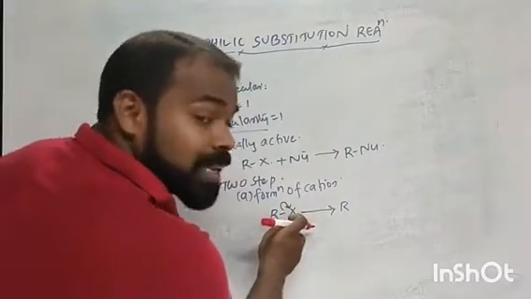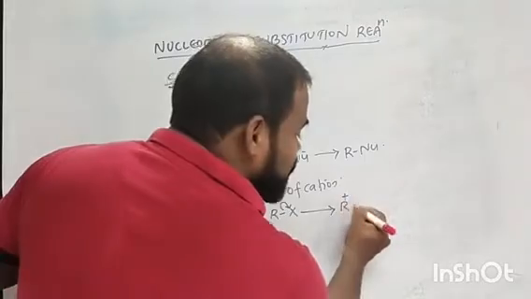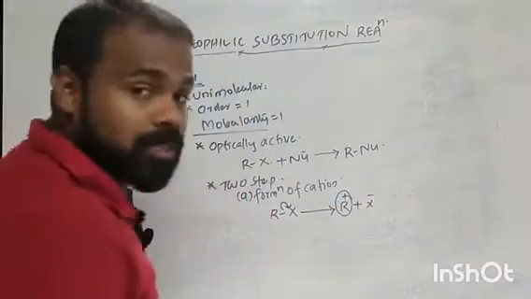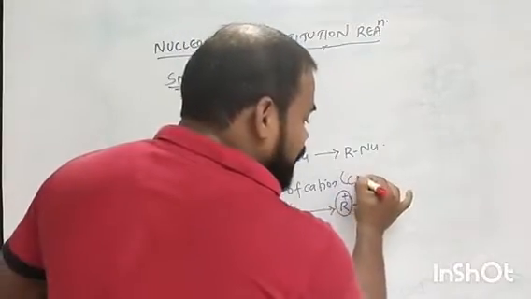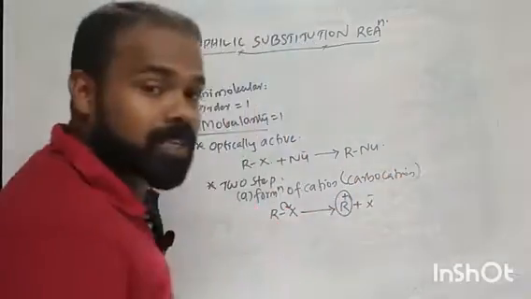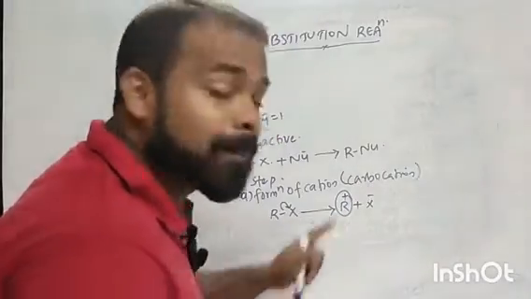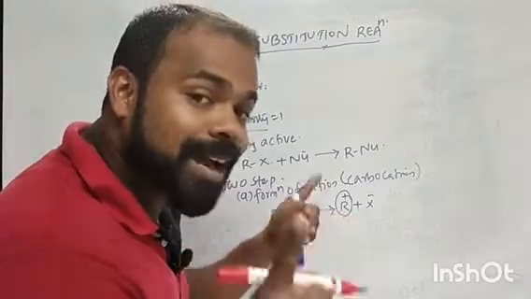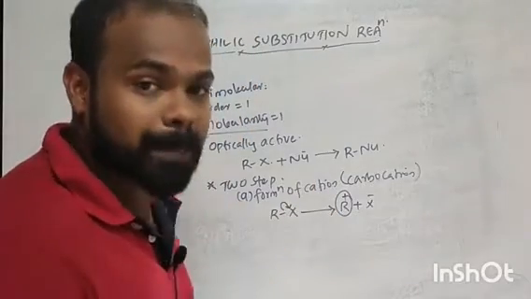Now the charge of the halogen will be negative, and R will be positive: R plus, X minus. Now the carbocation is produced. Formation of cation means a carbocation, a positively charged alkyl group. This is the first step.